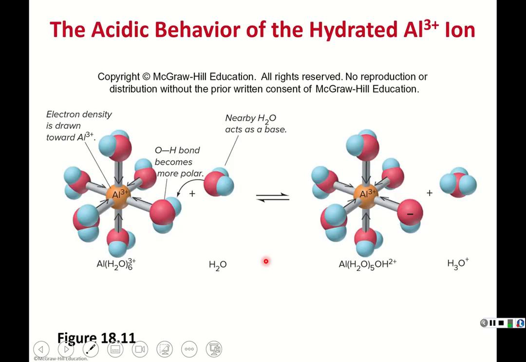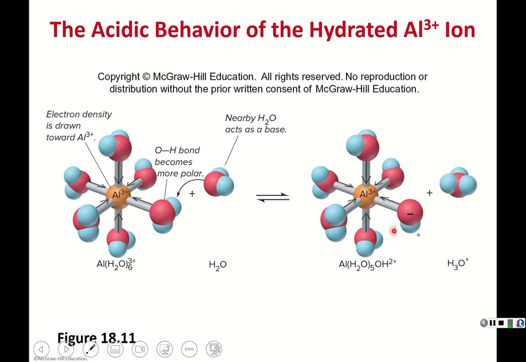Right, and it's probably easier to see this graphically, in the form of a picture. Aluminum here has a +3 charge. It's going to be coordinated by 6 water molecules in solution. It has enough charge density that it can pull electron density away from waters such that a nearby water molecule can pick off a hydrogen from that.